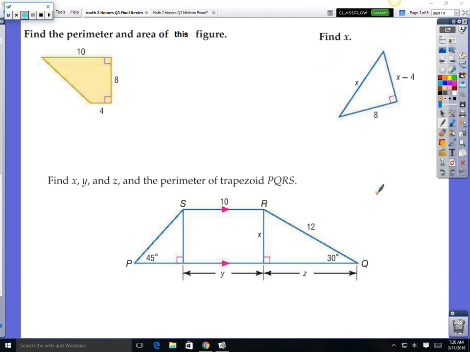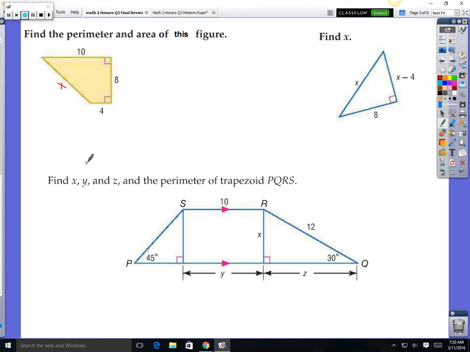Okay, some geometry. Pythagorean Theorem and special triangles. Okay, let's see this perimeter. So if the perimeter is walking around the outside, if you add up all the outside edges, so I need this guy right here.